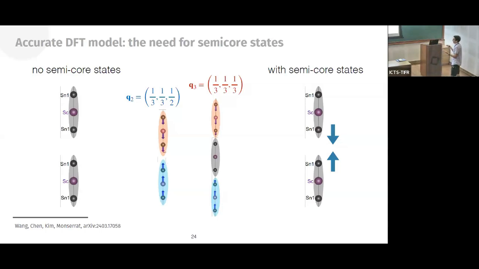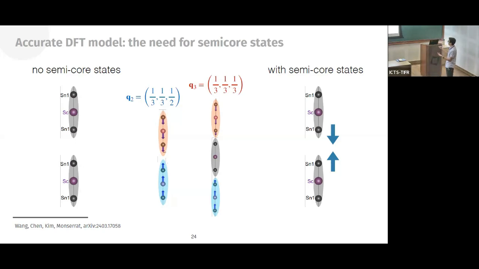An example of what you can tweak in the DFT is how you describe your valence and core electron states. So in typical pseudo-potential DFT calculations, you select a subset of your electron states that you treat as core, and then you really only describe the chemical bonding and so on of what you call the valence states. But you have a choice as to where you set that boundary between core and valence states.